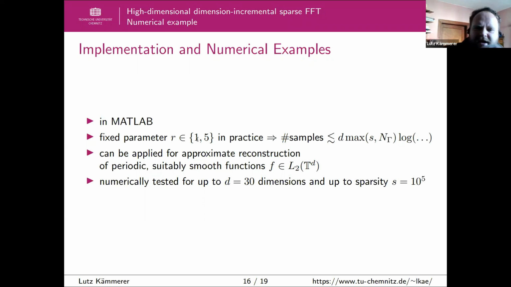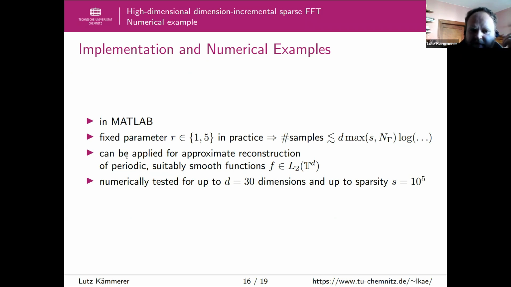But 5 seems to be enough in practice. Why? Because you do this in order to avoid cancellations, right? And these cancellations are really not very frequent, or it's really not the problem that there are many cancellations or something like that.